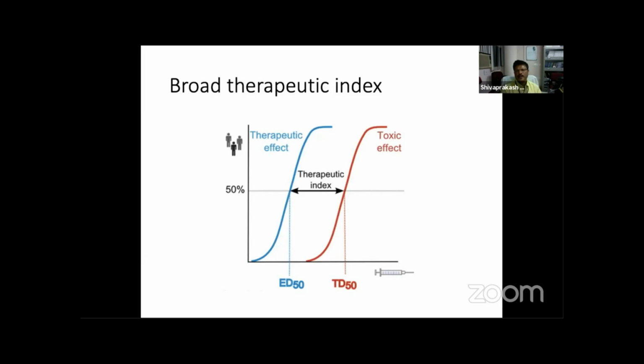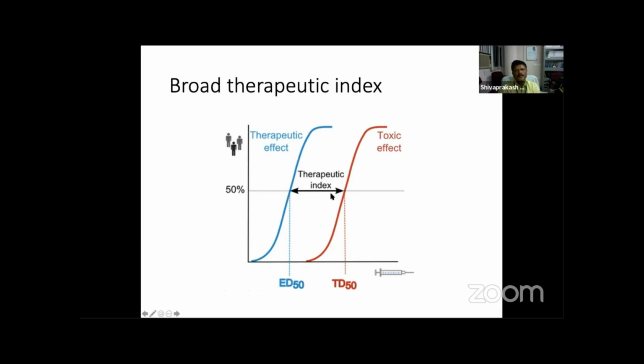The therapeutic index gives you a very good clue. The blue line is the expected therapeutic effect, so you can see the graph like this. Whereas if you go on increasing the dose, you see the graph like this, where it is a toxic effect.